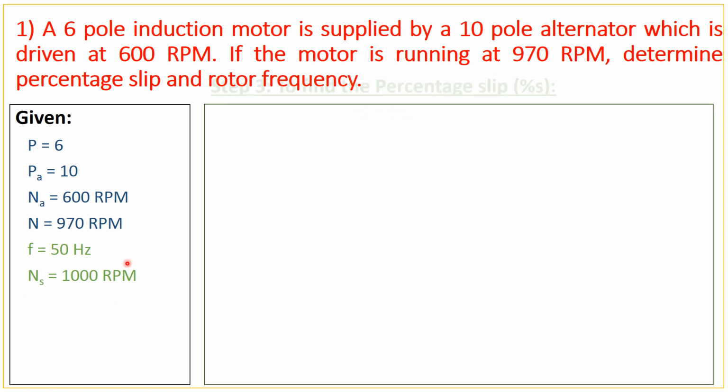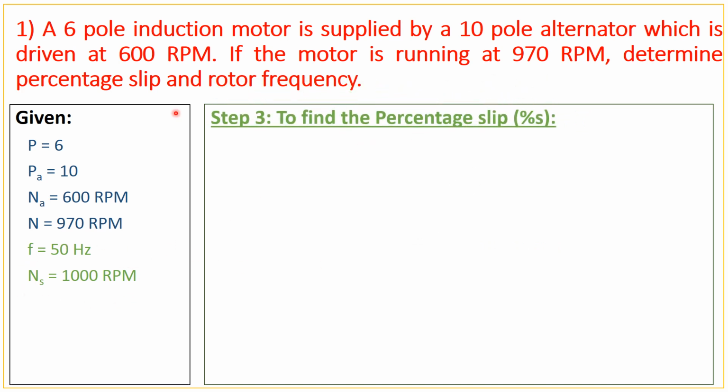Next, I must find the percentage slip, because in the question they have asked for the percentage slip, not just slip. So the slip formula is S is equal to Ns minus N by Ns, where Ns is synchronous speed and N is the actual speed of the motor. Percentage slip, as I told, should be multiplied by 100.